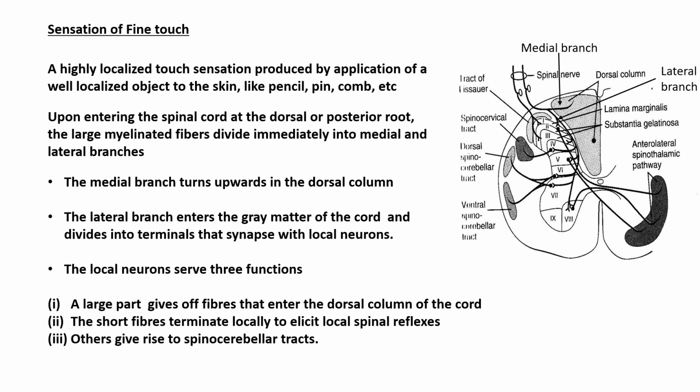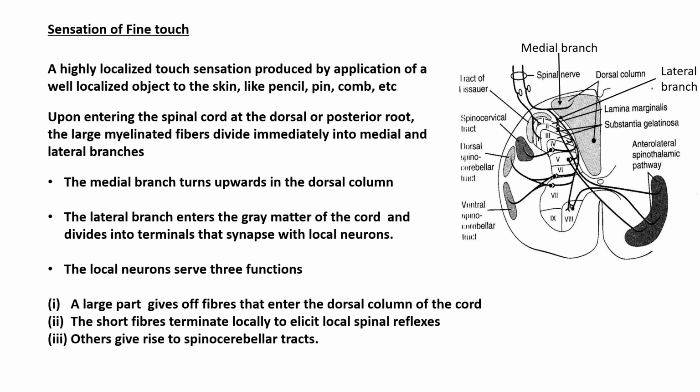All right, so for example, sensation of fine touch, that's conducted by the dorsal column. Impulses coming in from these receptors, as it enters the dorsal column, it divides. All right, the afferent nerve that's coming, that is still the first order neuron or the primary neuron, divides into two.